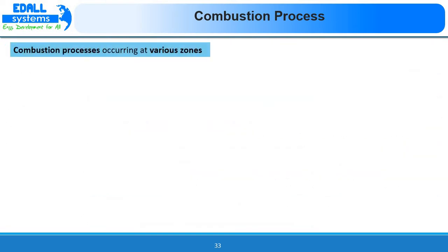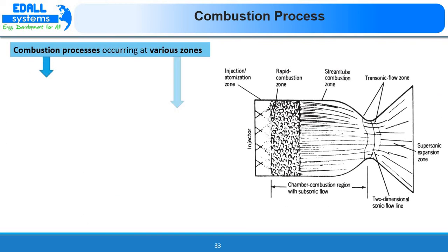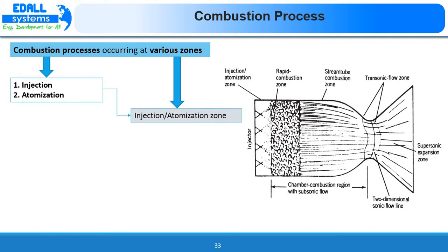The combustion process which we see occurs in various zones. Here in the figure we can see the typical combustion process happening in the thrust chamber and the nozzle. Different processes happen at different zones. The injection and atomization process happens in the injection atomization zone, the first on the left in the figure.